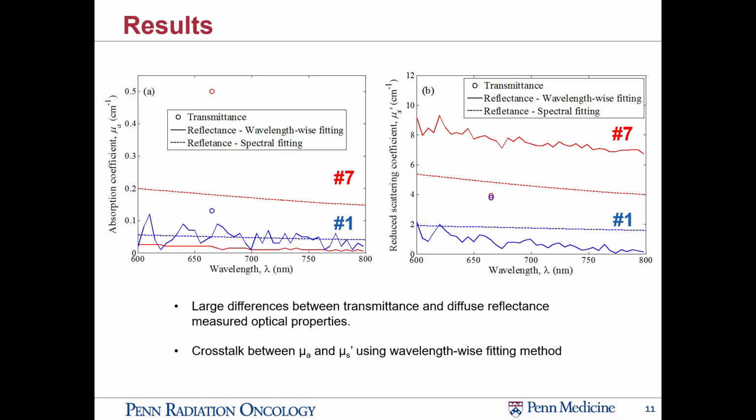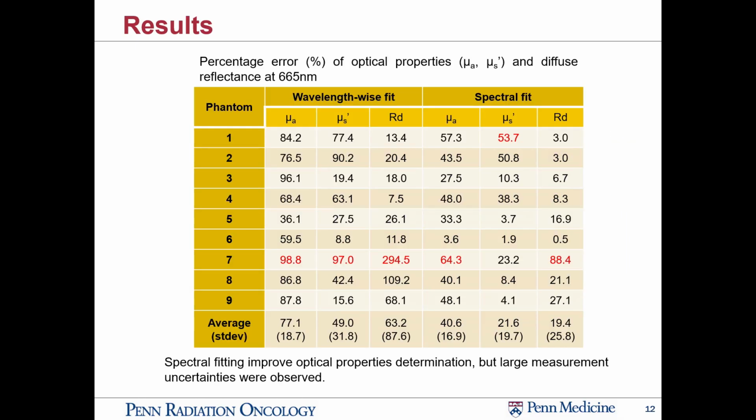The dashed line is the spectrum fit result, and the solid line is the wavelength by wavelength fitting. You can see wavelength by wavelength fitting has introduced a lot of errors, which get smoothed out by using the spectrum fit. So clearly spectrum fit will improve the result. But in this particular case, we find that they still will not be able to recover the correct results.